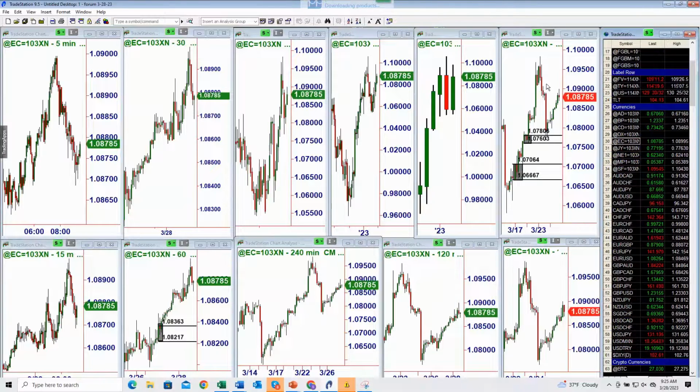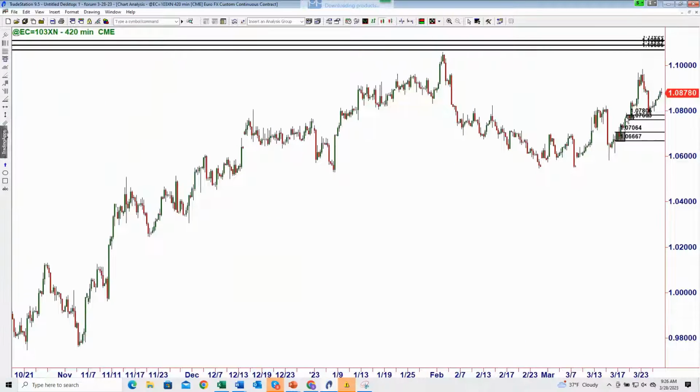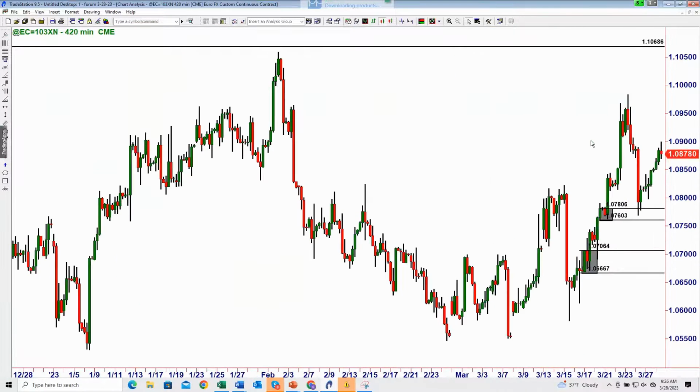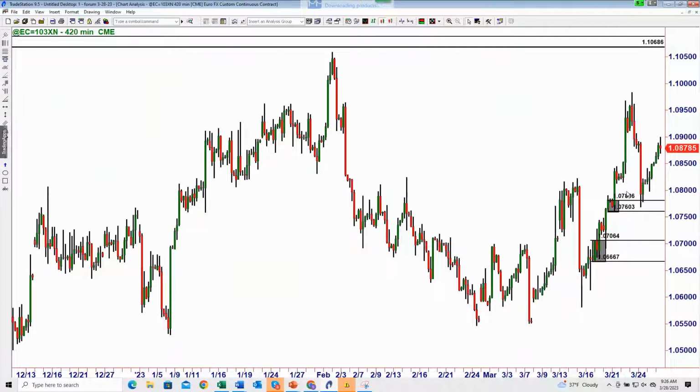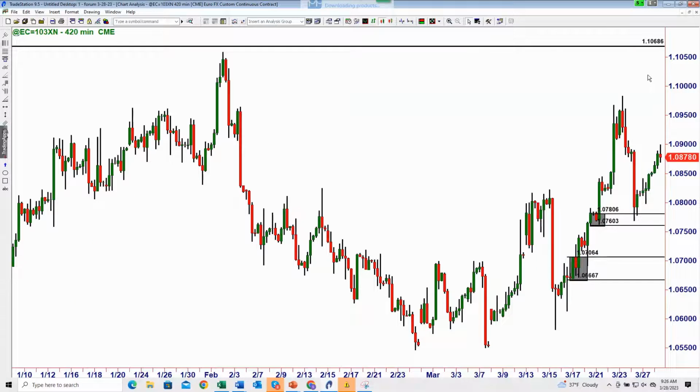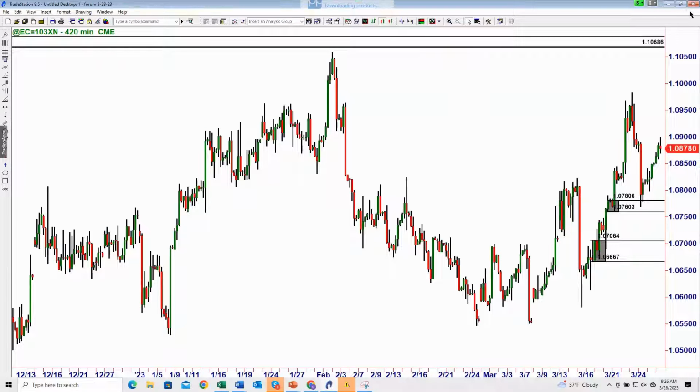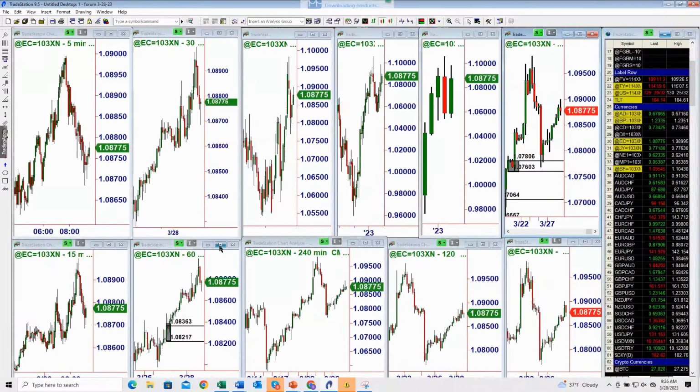All right, so looking at the euro. So basically the euro obviously just turned at the demand zone here. Looks like there's plenty of room up to the 110, but let's go over here. We're going to have more zones.